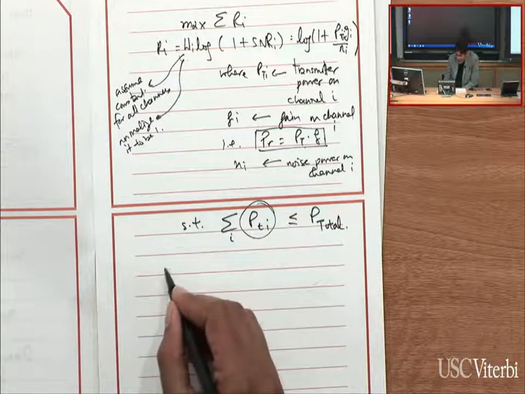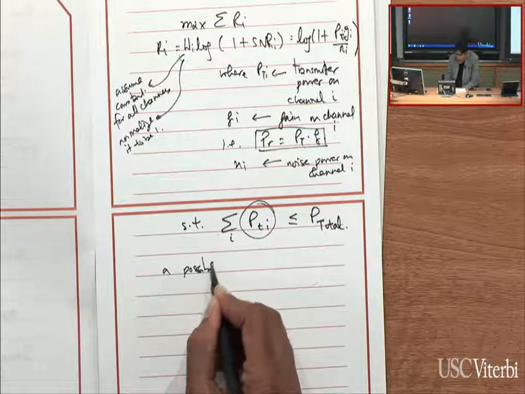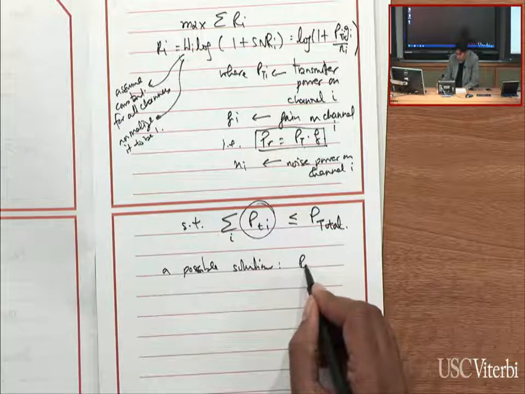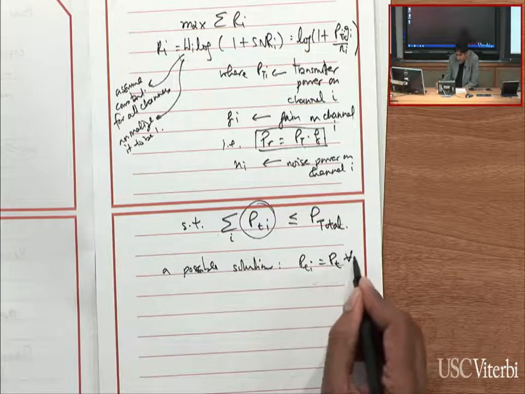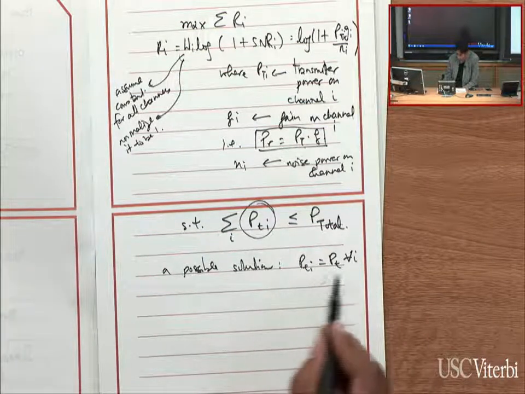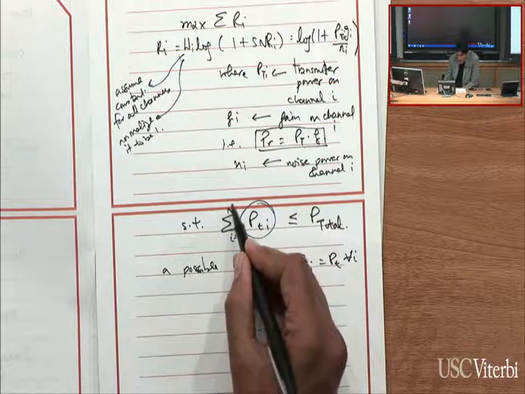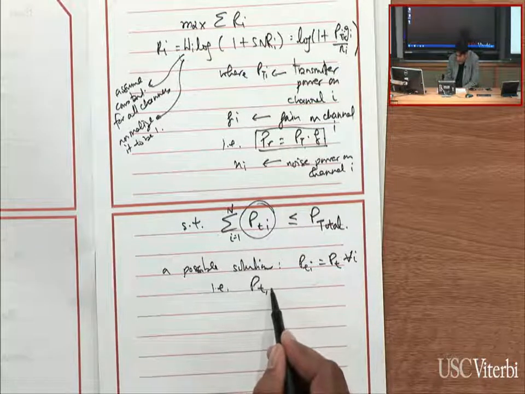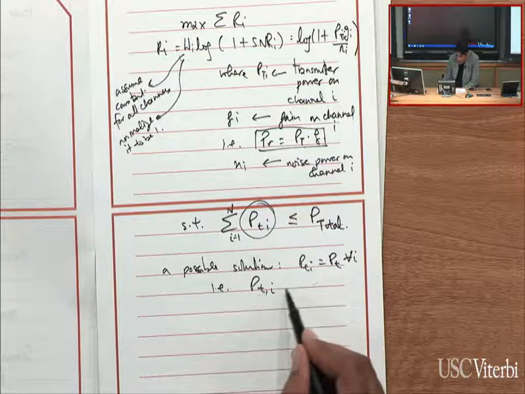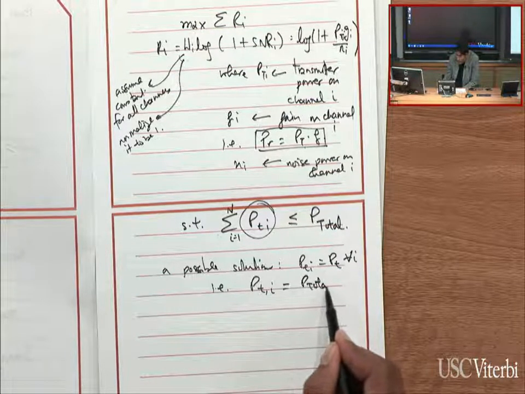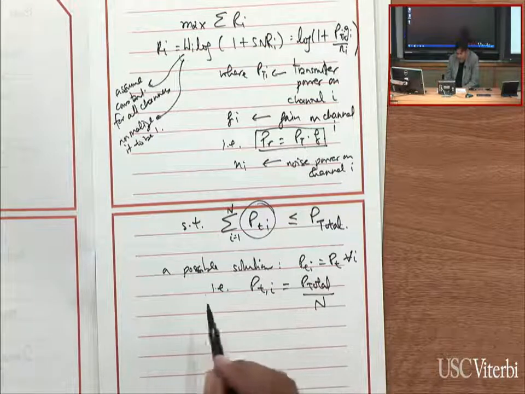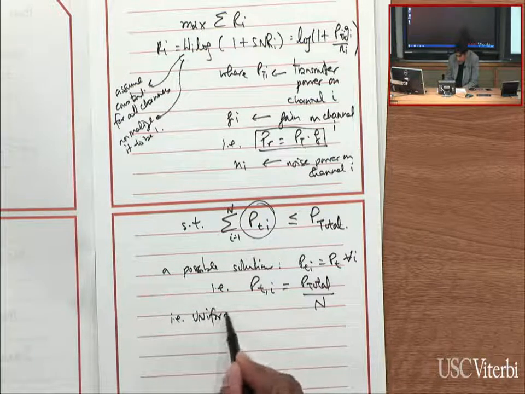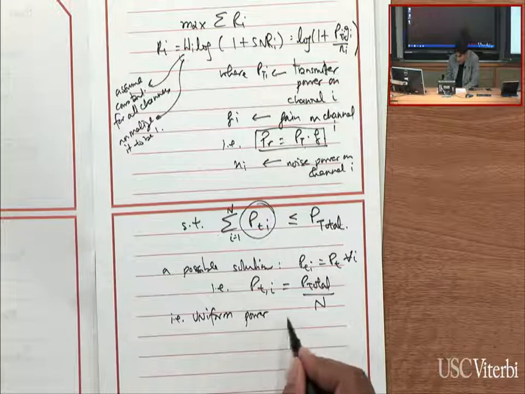And again, a possible solution that you can always try is to set PTI equal to some PT for all I. In which case, if you have channels going from 1 to N, then the amount of power that you transmit on the ith channel would have to be P total over N. In other words, this is what's called uniform power allocation.